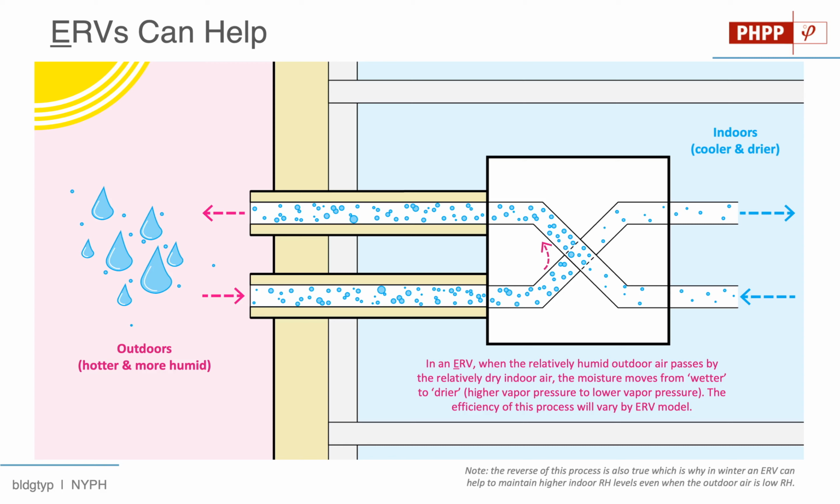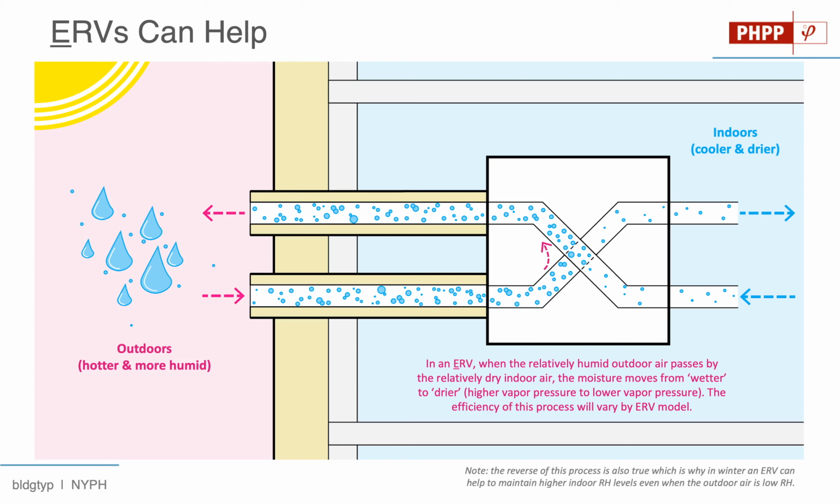So in an ERV, an energy recovery ventilator, the moisture from that relatively humid incoming airstream is able to hop from that wet airstream over to the dry outgoing airstream. Functionally speaking, what that does is it keeps most of the moisture on the outdoor side of the ERV. Now, it's not perfect.